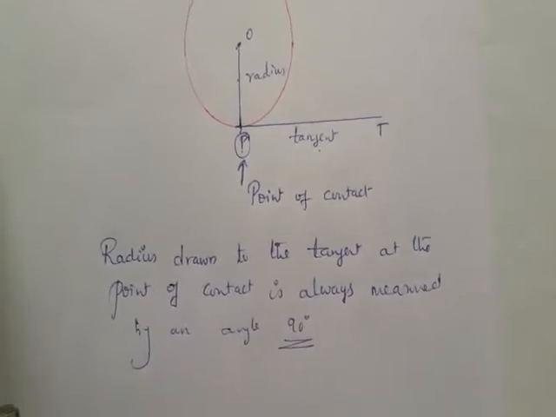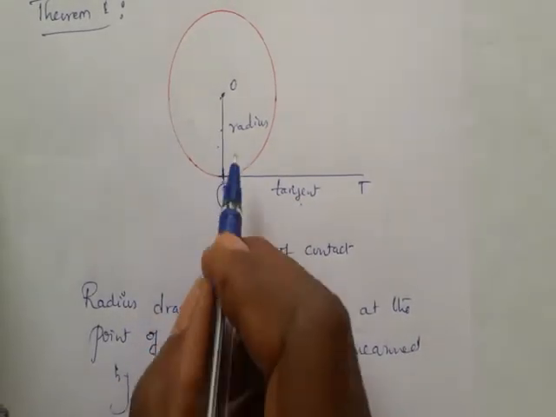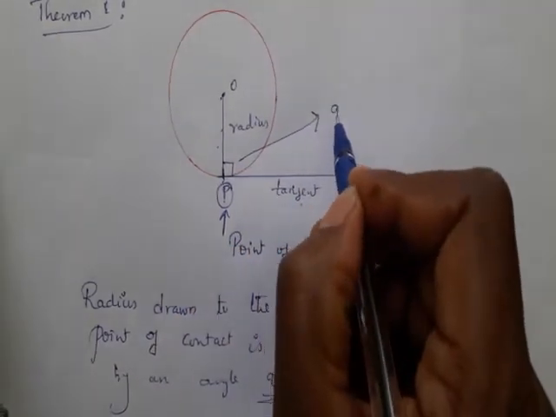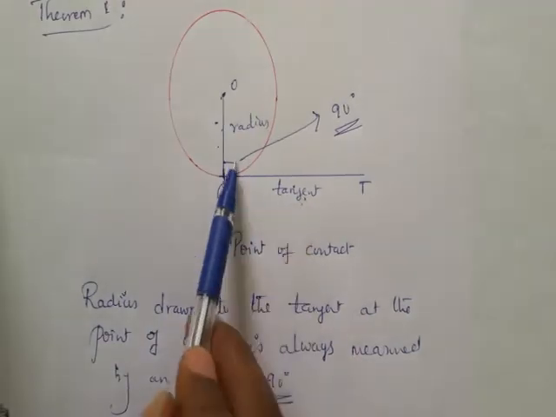This is the result, student. That means wherever radius and tangent meet, the angle formed here is always 90 degree. This is theorem 1. Theorem 1 says that radius and tangent meet by 90 degree.